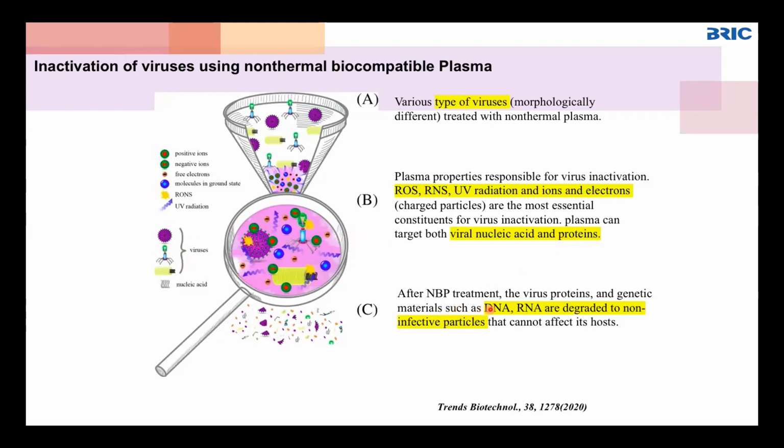Plasma targets DNA, RNA and degrades them, and degrades the proteins and makes them ineffective particles. So these ineffective particles after plasma treatment cannot infect humans or animals again. They are just inactive, damaged virus particles. They cannot infect anyone after this treatment. So this is already reported.